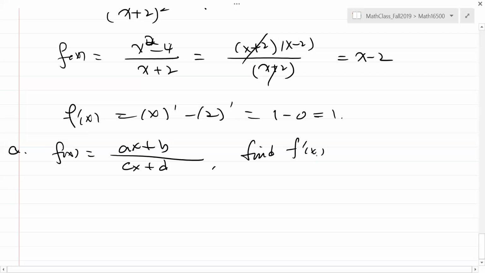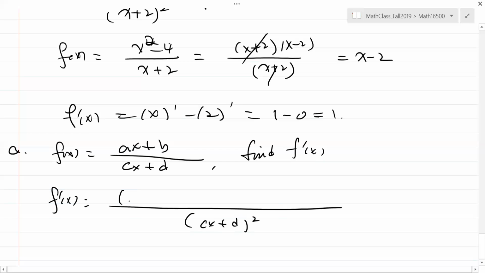There's no trick here. Let's just go ahead and use the quotient rule to find the derivative. First of all, the denominator squared, then the numerator, then the denominator.